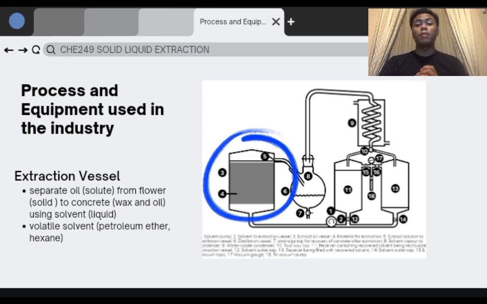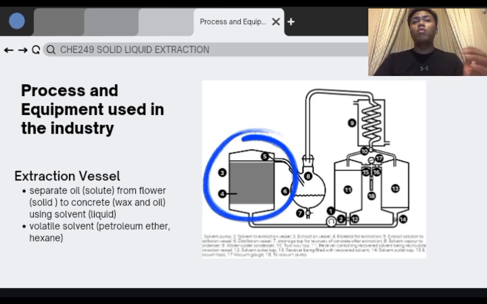That is our plant material, and the solvent will enter and extract the oils to column number 5. Not just oil will go through number 5, but also waxes and pigment will be carried, producing what is called concrete, which is wax and oil.